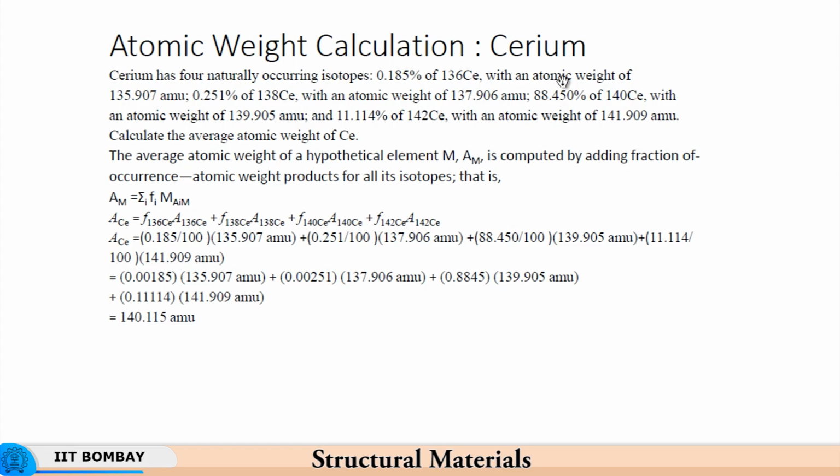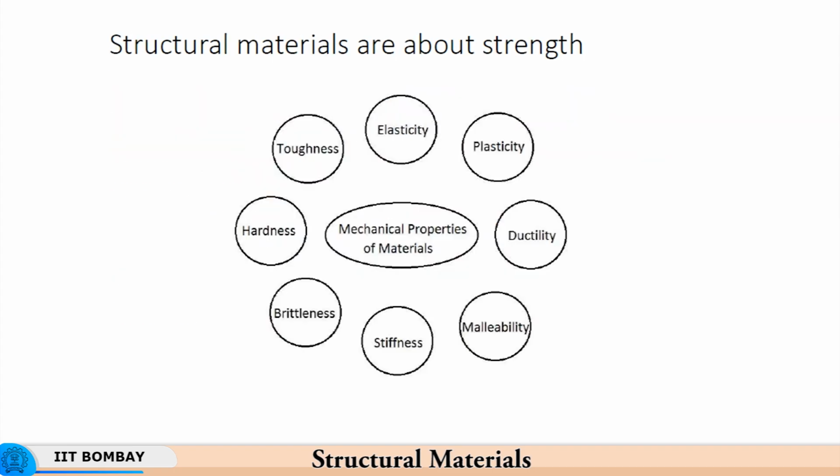So although cerium itself might not be an individual structural material, it gets added into many of the elements to impart good mechanical properties to them, and therefore alloy formation is useful in combining the good properties of many elements, bringing them together and then cooking up a material that withstands a big variety of trying conditions.